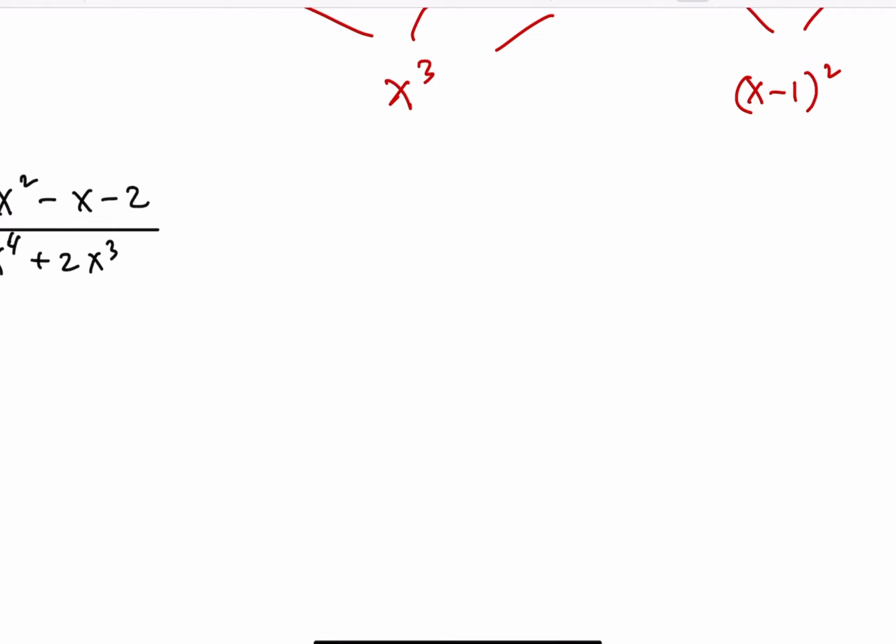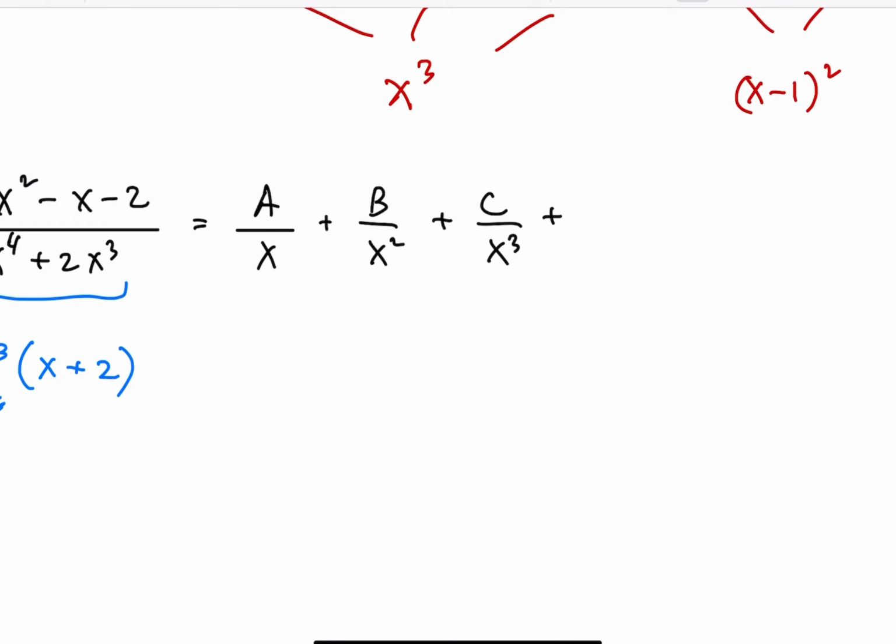First, we factor the denominator and find the factors. Then we find that this is actually x cubed multiplied by x plus 2. Now we have the repeated factor of x cubed, so we can write down a over x plus b over x squared plus c over x cubed plus d over x plus 2.